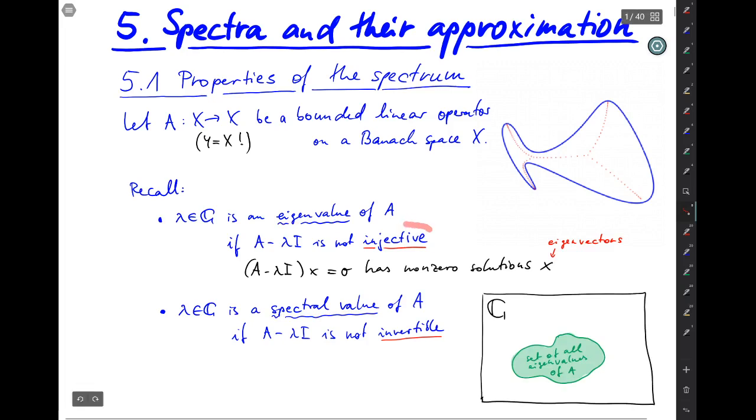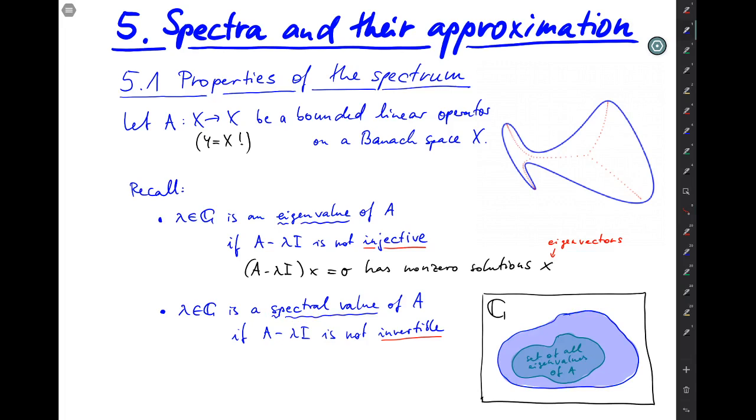If an operator is not injective, it clearly cannot be invertible. So if you're an eigenvalue, then you're certainly a spectral value, but in general not vice versa. So the set of all spectral values of A is in general a superset of the set of all eigenvalues, and we denote it by the spectrum of A.